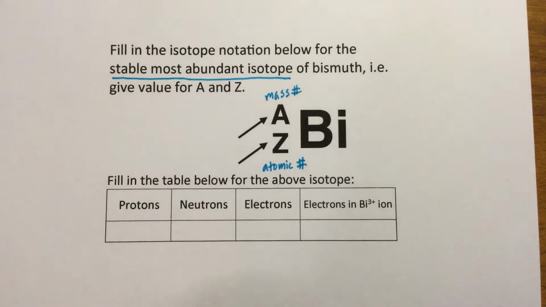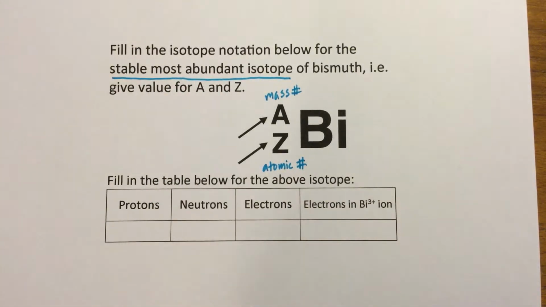Looking back here, the mass number, recall, has to be a whole number. It's an actual count for a specific isotope, a count of the protons and neutrons in the nucleus. So we need a whole number here. Our periodic table only gives us the atomic mass, which is not a whole number. So we have to do a little bit of work here.